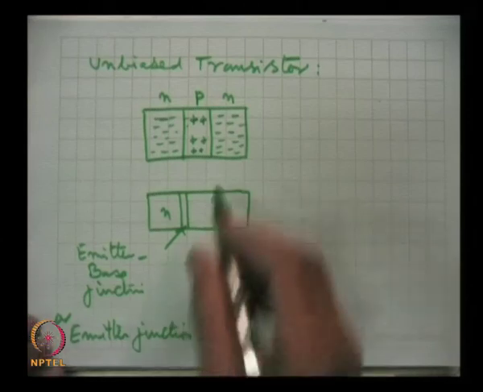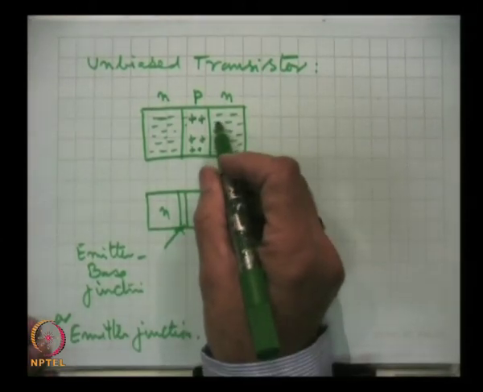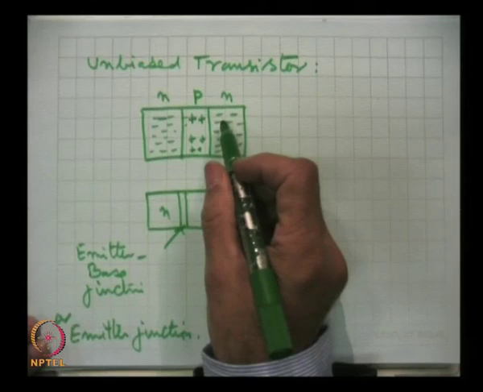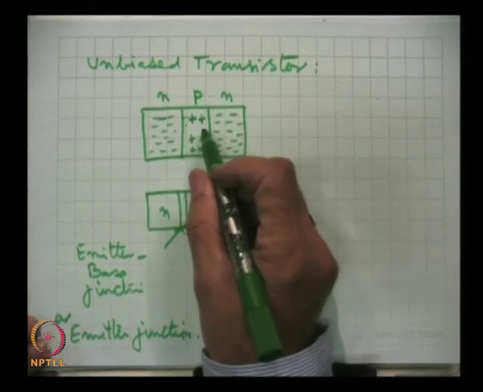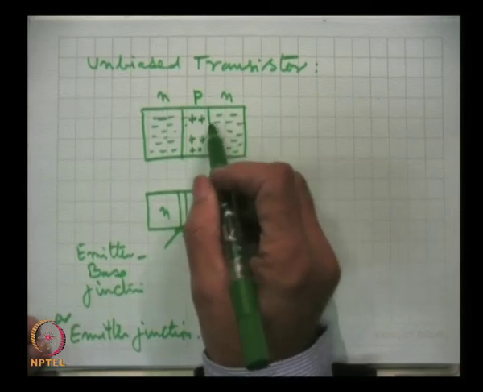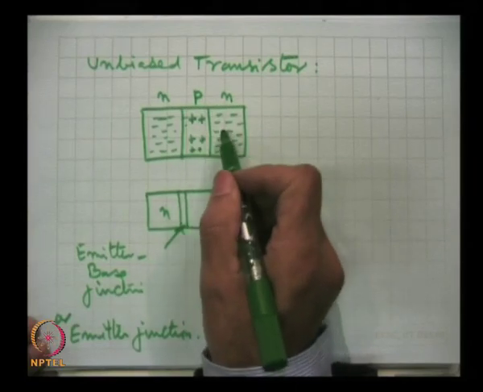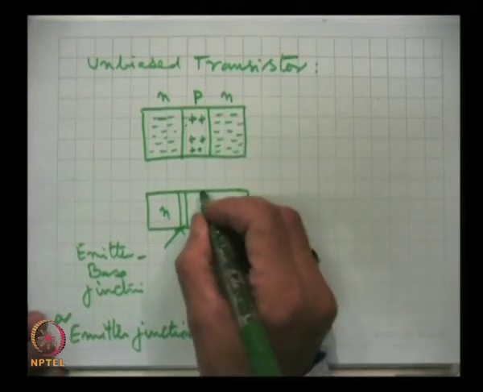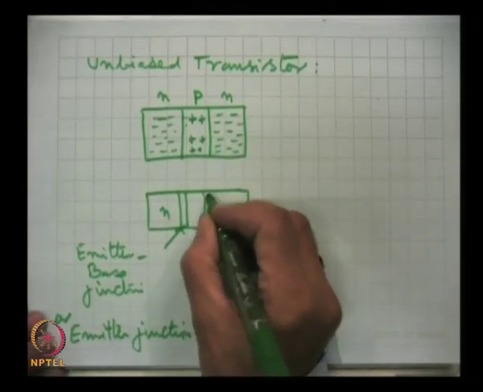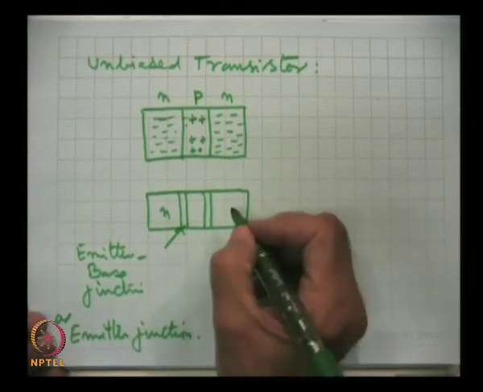Similarly, the diffusion of electrons will start from the collector to the base and fewer holes will diffuse from the base to the collector. And again for the same reasons as we discussed earlier, a junction will be formed here.